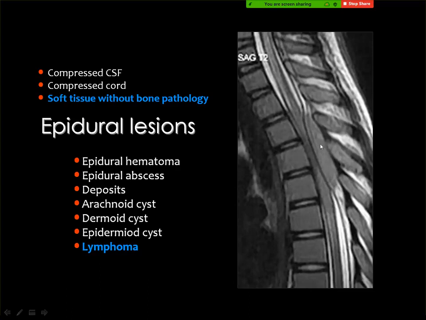And if you see a lesion like this, which is compressing the cord as well as the CSF and is not associated with destructive changes in the vertebrae, you think of lymphoma. The differential diagnosis of epidural lesions includes hemorrhage, abscess, metastasis, arachnoid cyst, epidermoid, dermoid, and lymphoma.